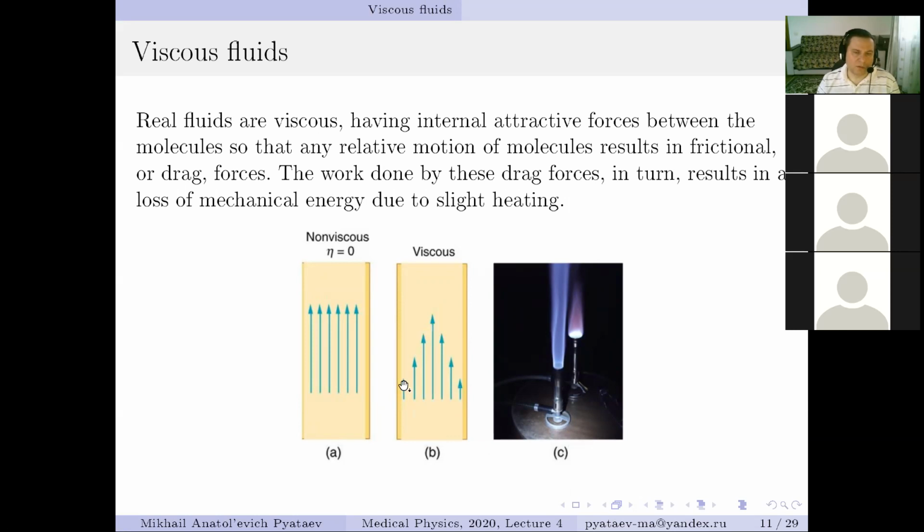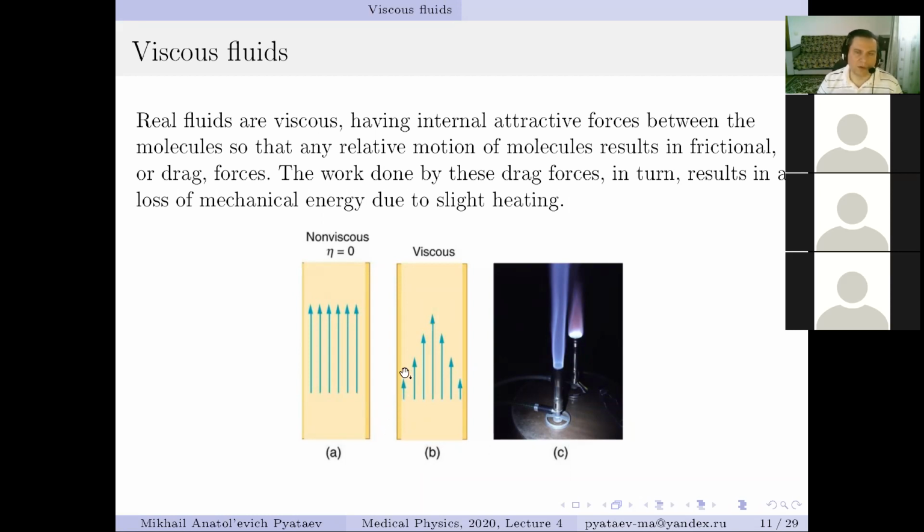But for real liquids, the velocity is distributed in some other way. The velocity is higher at the center of the tube and lower at the walls, and in the area directly connected to the wall, just next to the wall, the velocity goes to zero.